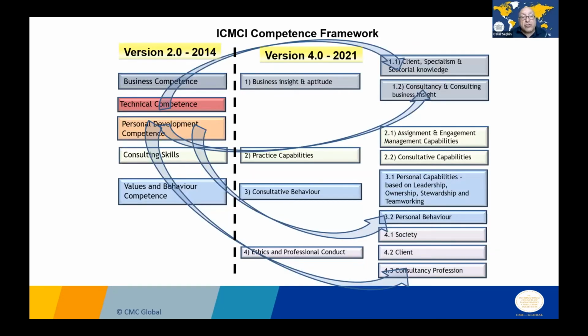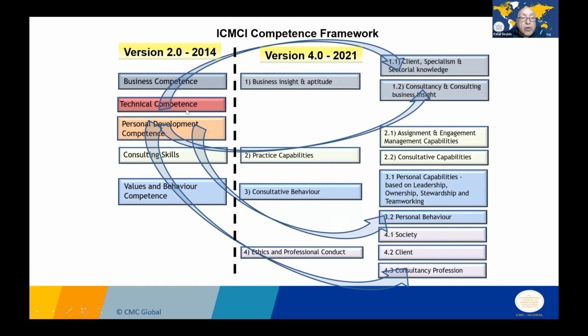We have also a list. I will not go into full details, but we can send you the details later on. Version 2014, we had on the left-hand side the key aspects, and version 2021 in the middle column, and we have some changes highlighted here.